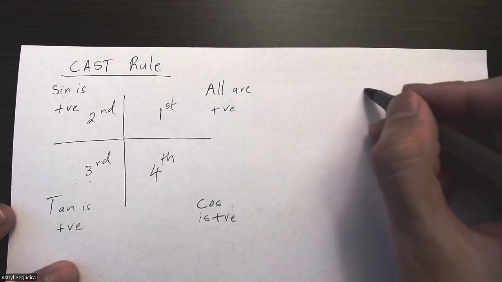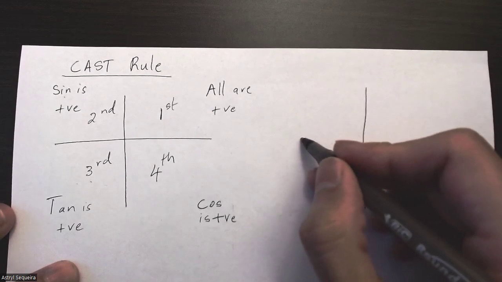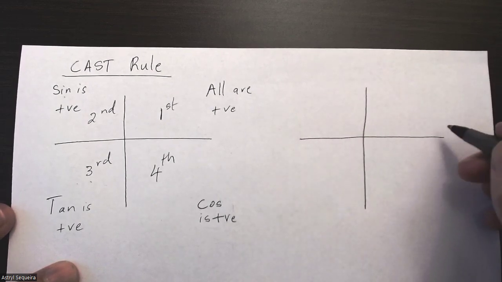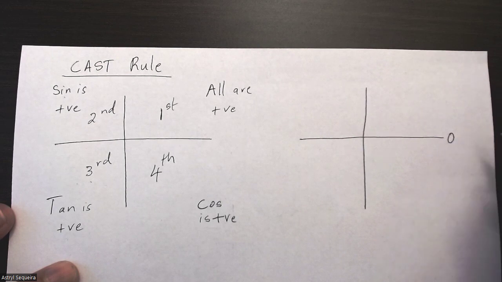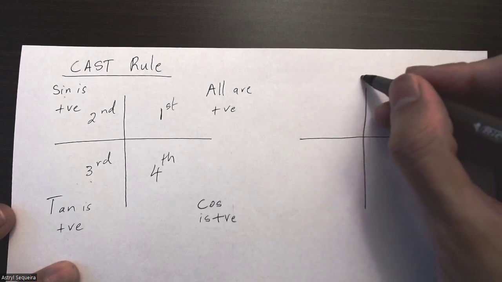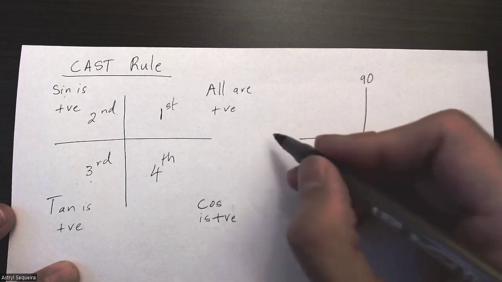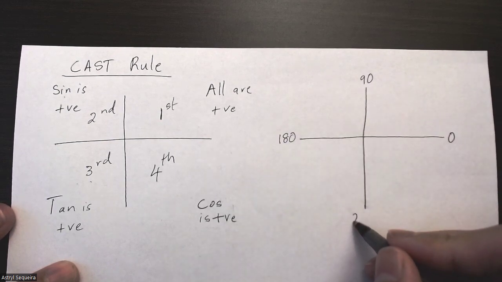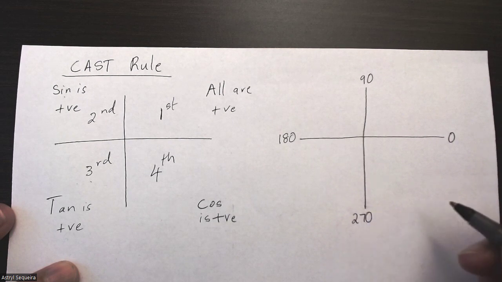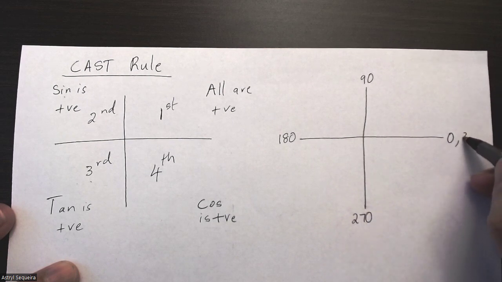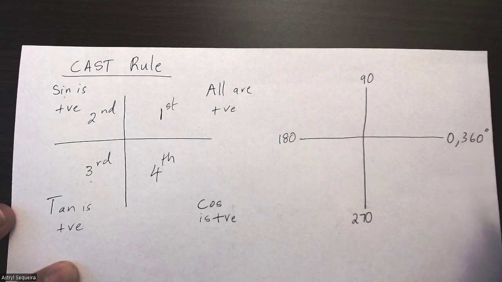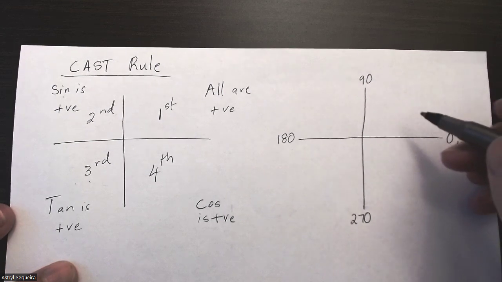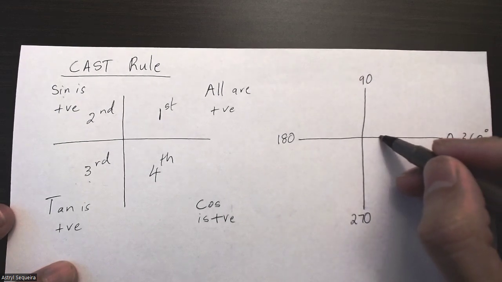The other important thing to understand is that this over here is 0, this over here is 90, this over here is 180, this over here is 270, and then one full circle is 360 degrees. So let's say I start over here.